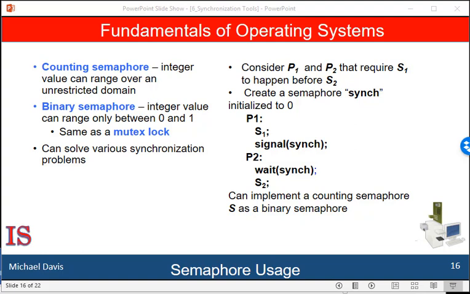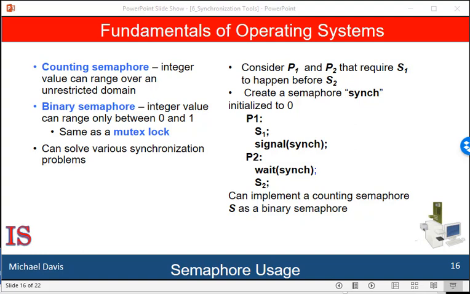Dijkstra's P operation. It's important to note that nothing can happen until both sign men perform their operation. That means it's atomic. So the two sign men represent the wait and signal operations on the semaphore safe to go. They will appear to have executed atomically.